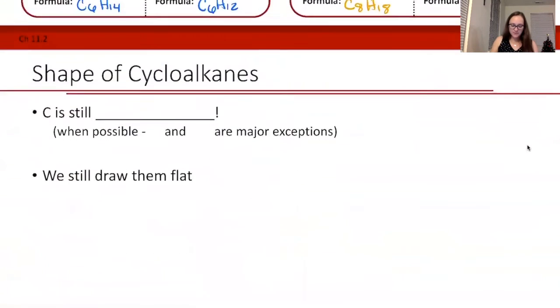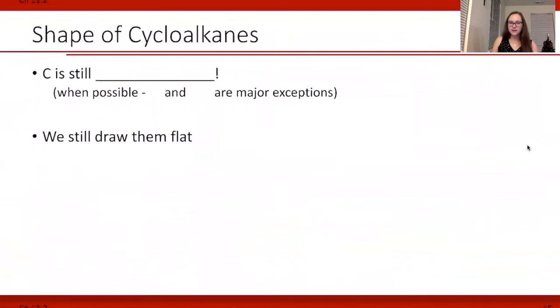Great job, guys. Our last slide for this video is about the shapes of cycloalkanes. As you notice, we've been drawing all of our cycloalkanes flat, just like their geometric shapes. However, carbon is still tetrahedral. In a tetrahedral molecule, you want 109.5 degree angles, which is not always possible with cycloalkanes.